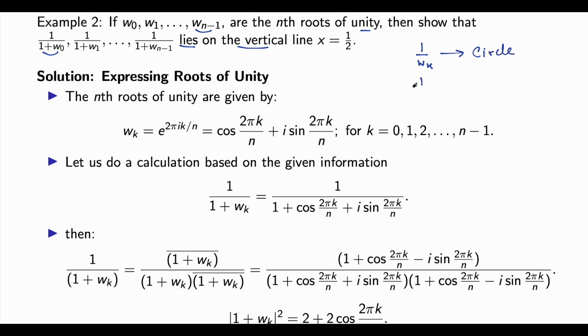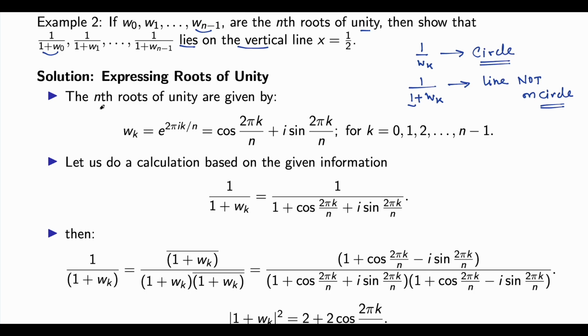But when we modify something, 1 upon 1 plus wk, this is lying on the line, not on the circle, right? So this is a very important observation. Slight change if I do, then it's no longer mapping on the circle.